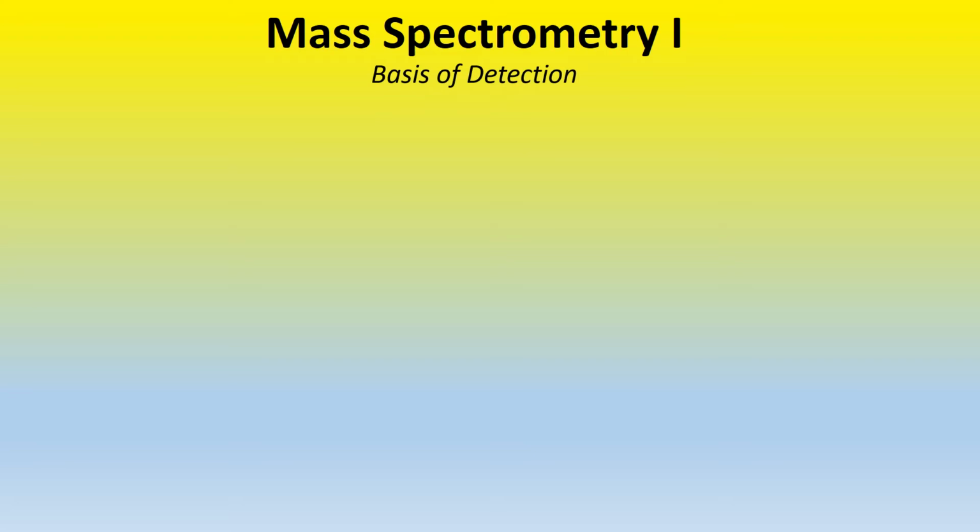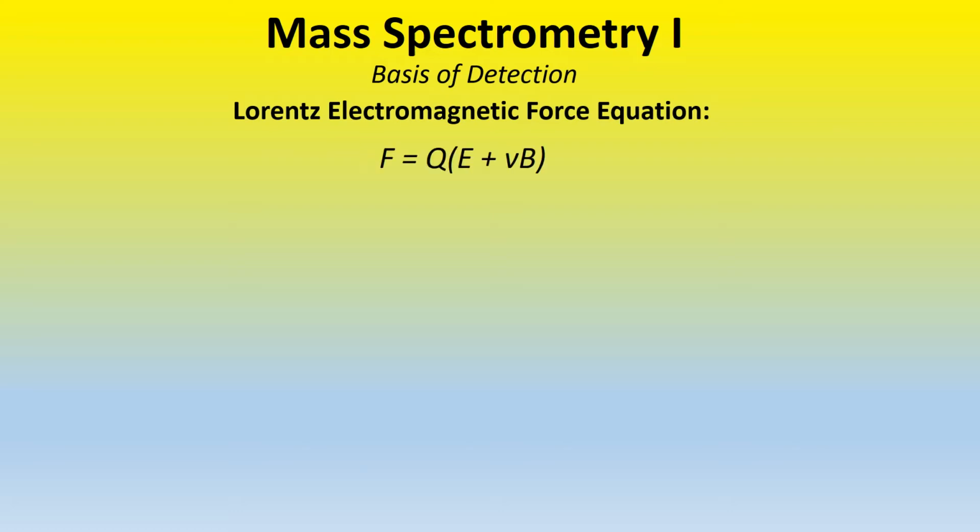Detection, on the other hand, is fairly straightforward from general physics. It relies on 2 common basic principles. The first, the Lorentz electromagnetic force equation, which says F is equal to Q times (E plus VB), where Q is the overall particle charge, which would be the oxidation number Z times the fundamental charge e of 1.602 times 10 to the minus 19th coulombs.